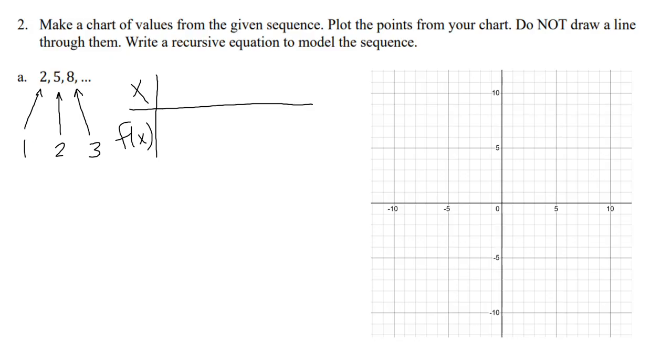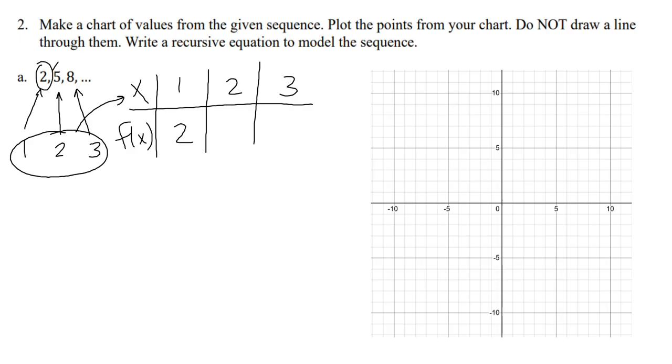Our x values are the terms of the sequence, the first term, the second term, and the third term. And the f of x values, or the y values, are what the actual sequence numbers are. So that'd be 2, and then 5, and then 8.